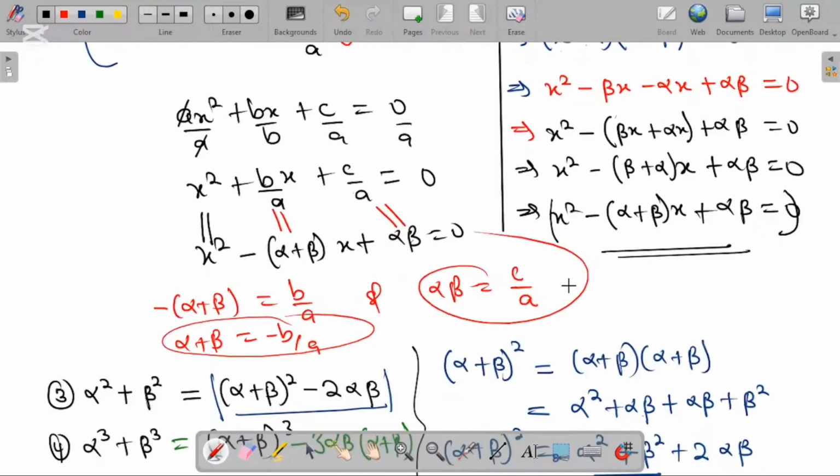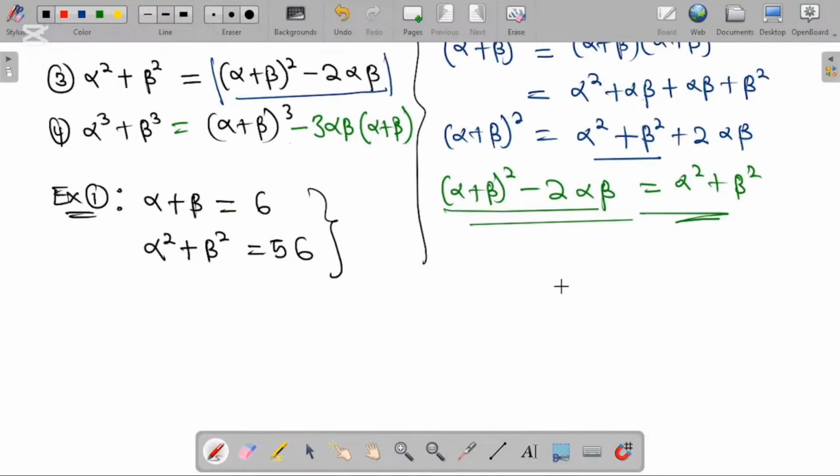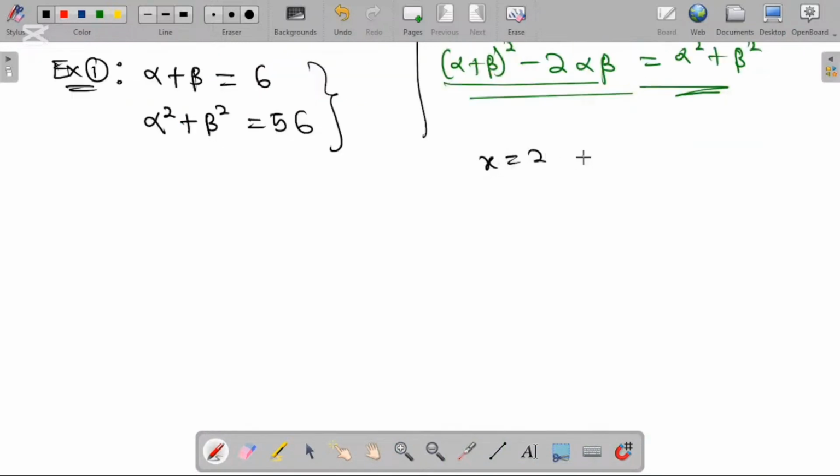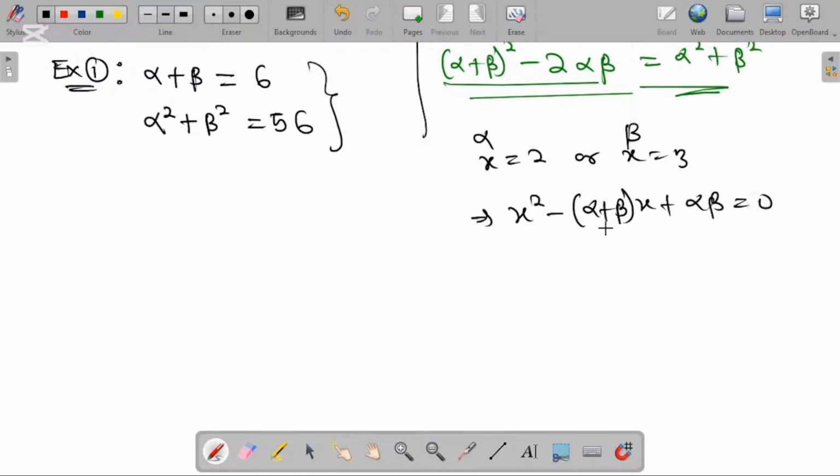For instance, let's go down here. That time I said that x is equal to 2 or x is equal to 3. You can just use the first x as your alpha and the second x as your beta. What that means is that you can use that formula x squared minus (alpha plus beta)x plus alpha beta equal to 0. If you use it, it will give you that same answer we got that time.